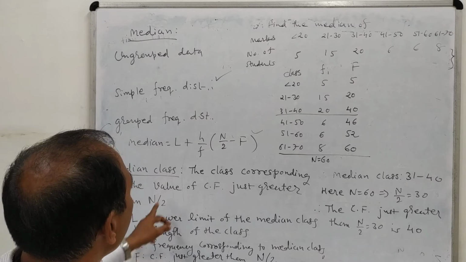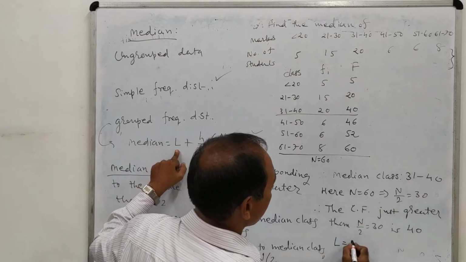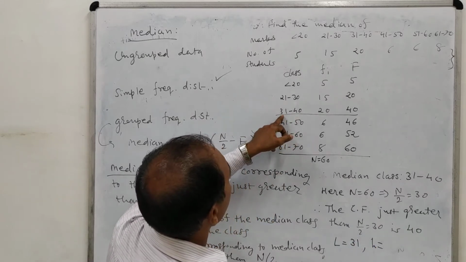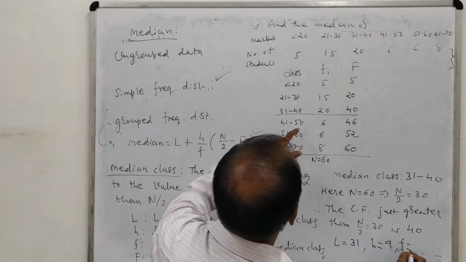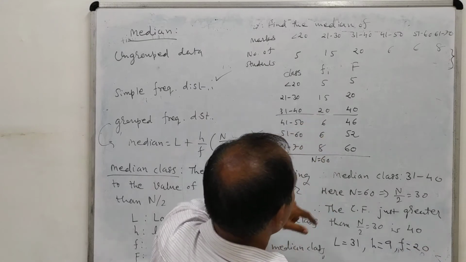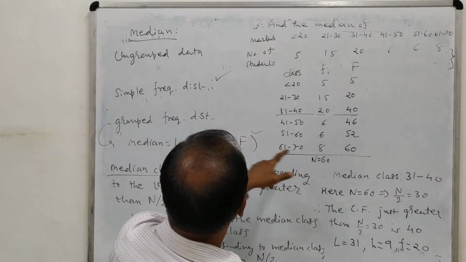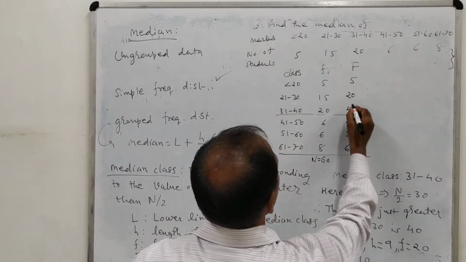Now we will identify the values. Capital L is the lower limit of the median class, that is 31. H is the length of the median class, that means it is 9. Small f is the frequency over here in this line, it is 20. Then capital N we already have, it is 60, and capital F is 40. That means this value.